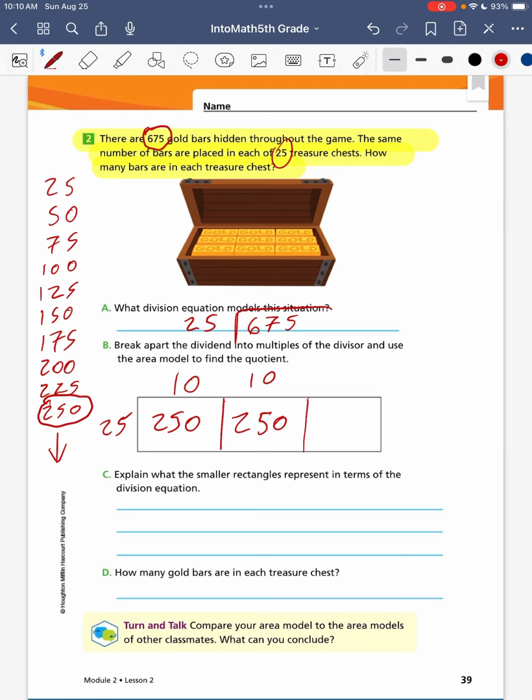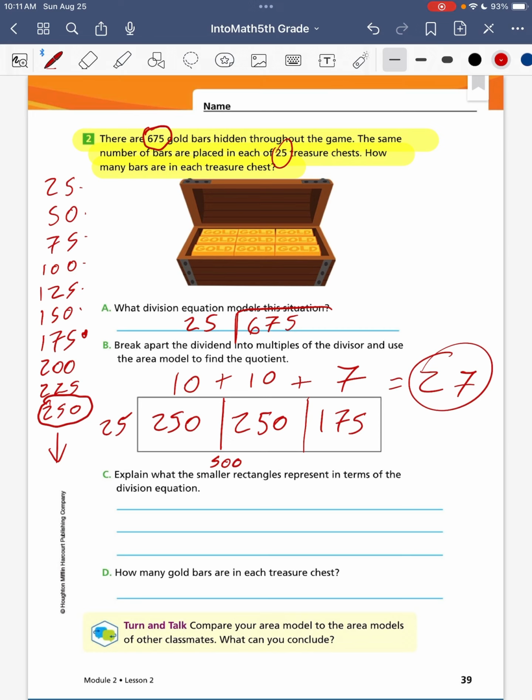If I have two 250s, that equals 500 total, leaving me with just a difference of 175, which is the first, second, third, fourth, fifth, sixth, seventh multiple of 25. If I add up these partial quotients, I get 27 gold bars in each of our treasure chests.